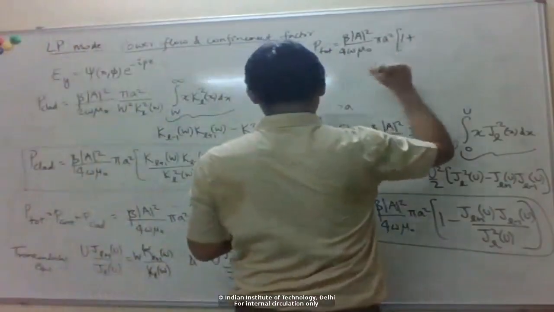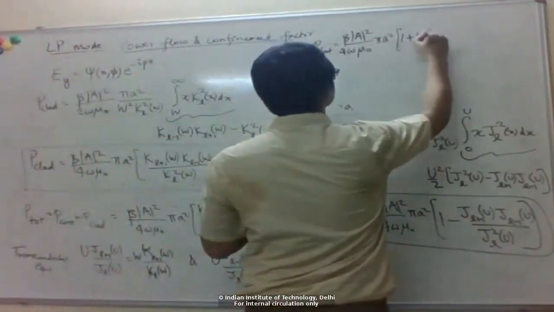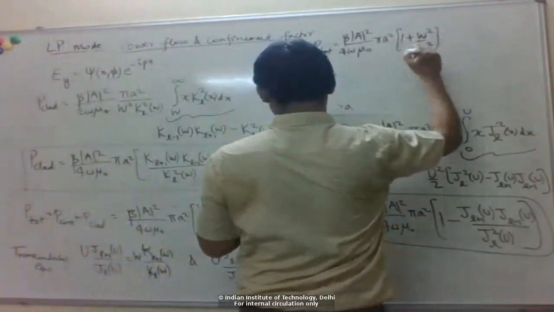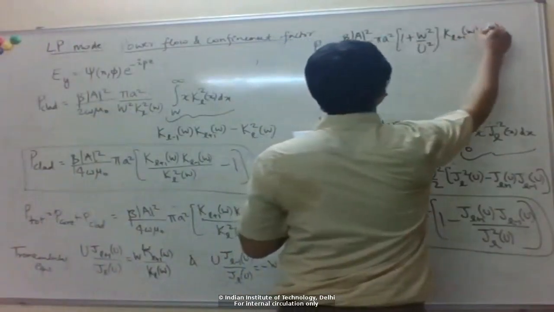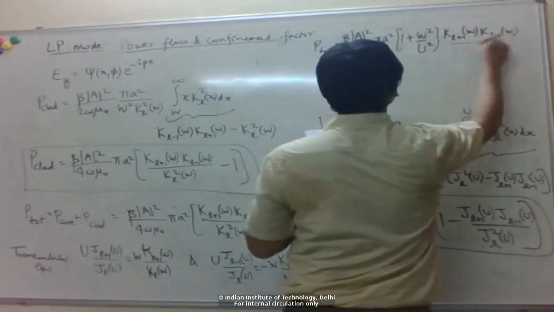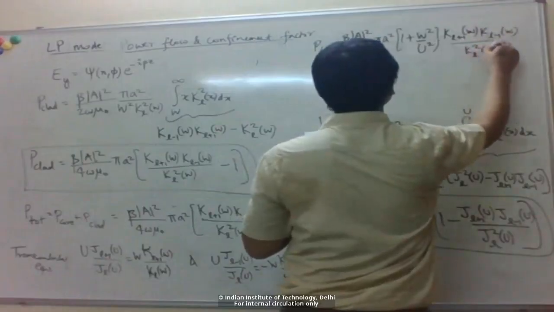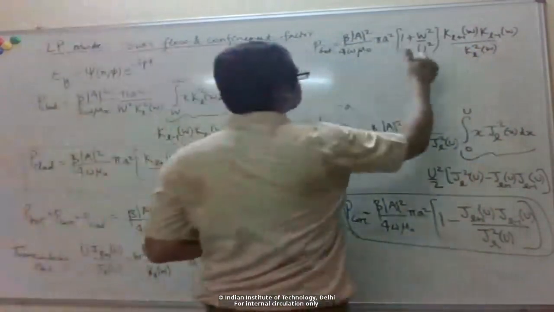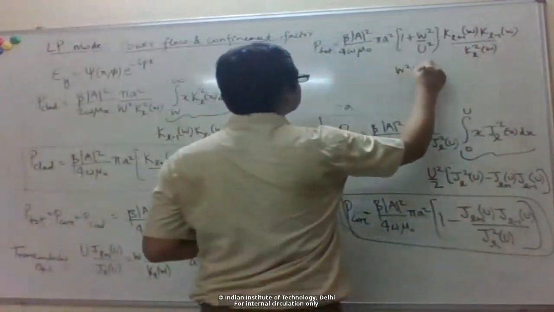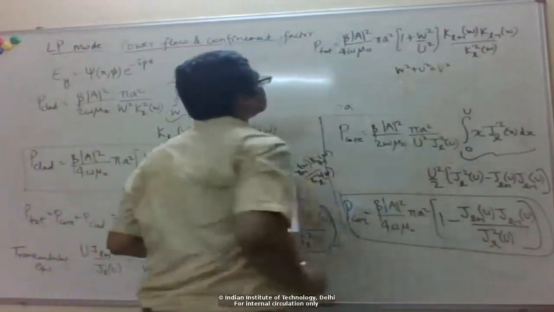1 plus W square by U square. Now here we have W square plus U square, which is V square, right?